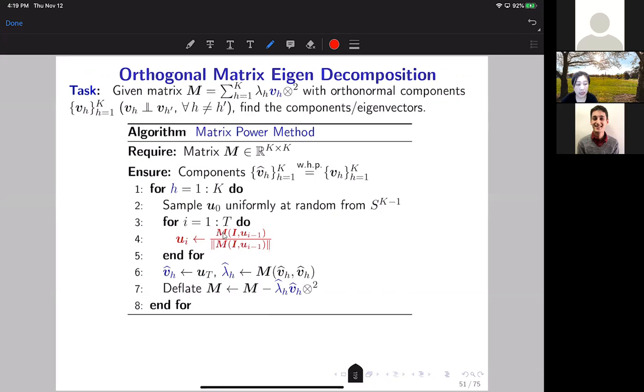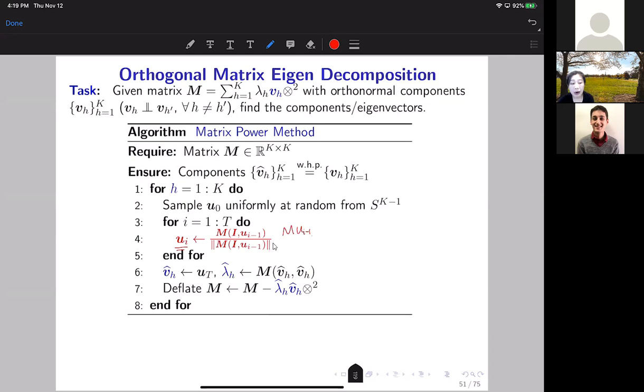You're just looking at M(I, u_{i-1}), the previous estimation of the eigenvector doing a linear operation with M. That is the same as doing a matrix-vector product. And then you just normalize it. This will be a new estimation of the eigenvector.